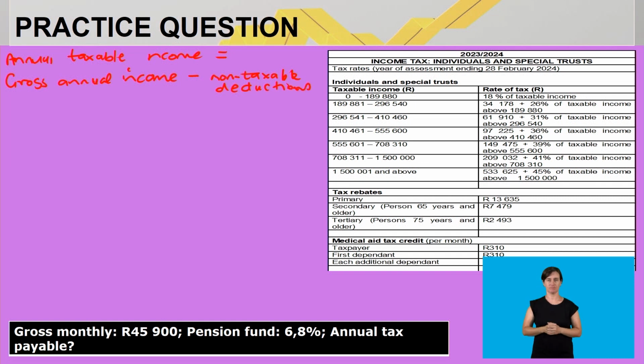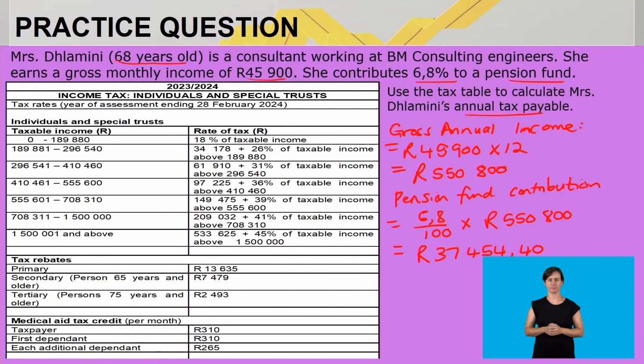All right, so let's quickly go back and see, and now I'm going to substitute first. I will have to look at my gross annual income, so it is 550,800 Rand.